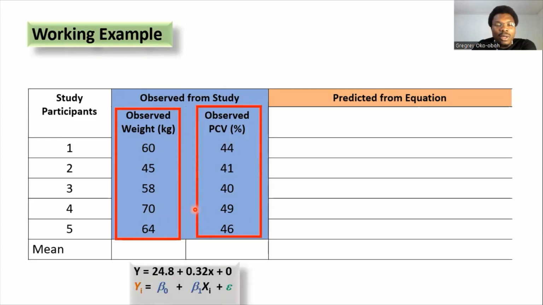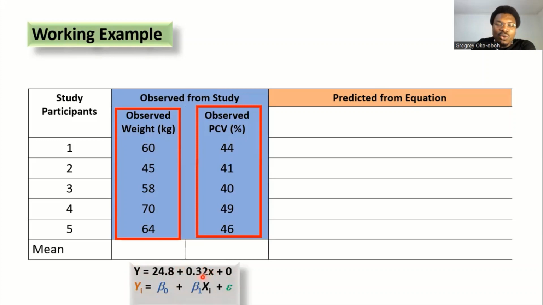If you take a look at this regression equation, it is very similar to the regression equation we've already explained. So in this equation, 24.8, which is beta naught, simply means if X, the independent variable, is 0, what is Y? Y will be 24.8%. And remember, Y is PCV.